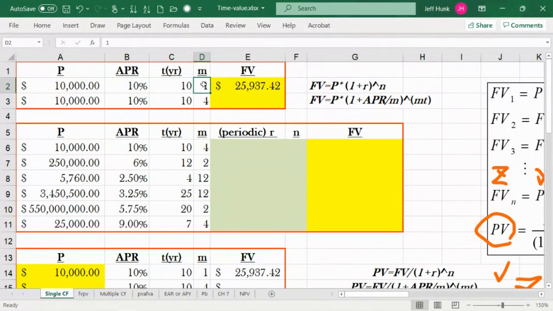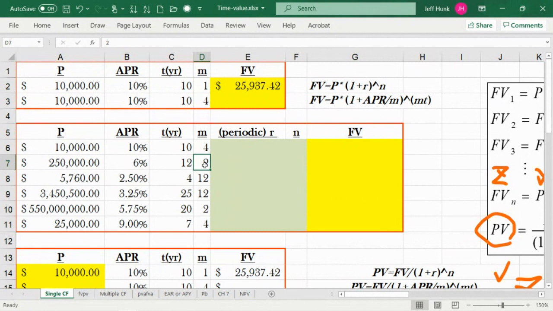1 means once a year, so it's annual compounding. If it is 4, that means quarterly compounding. And if it is 2, that means semi-annually, twice a year. Twice a year, not every 2 years, right?